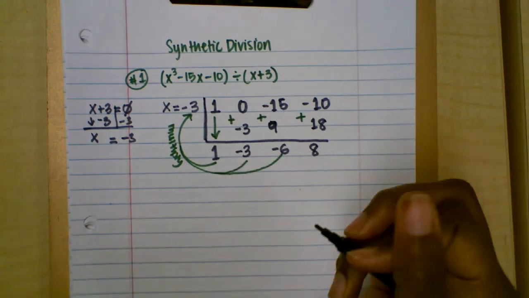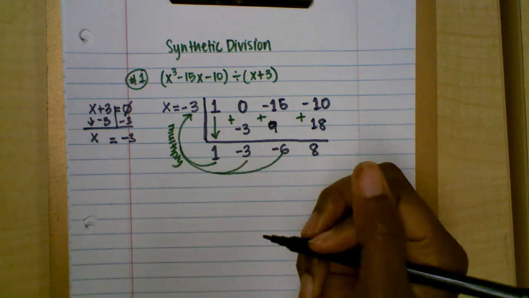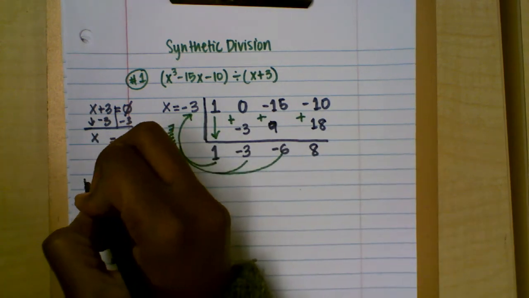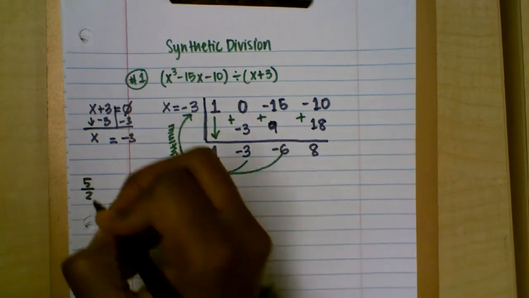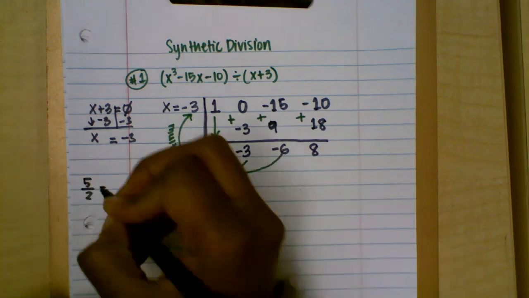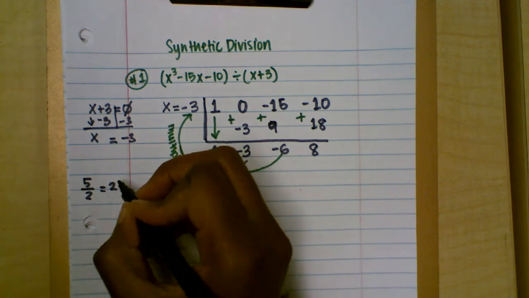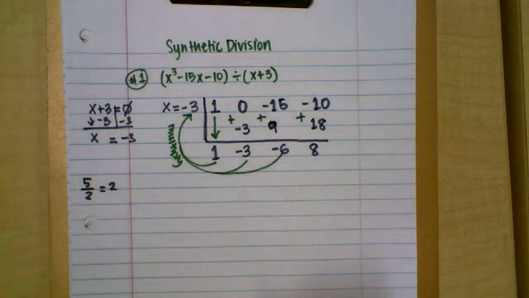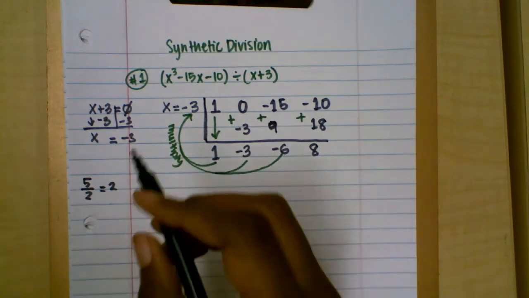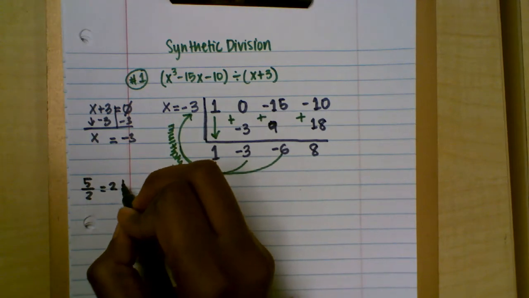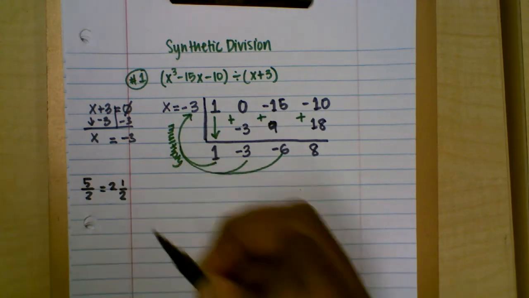Remember, when you do long division and you divide a number, let's say 5 divided by 2, you get 2.5, or if you want, you can use a mixed number: 2 and 1 over 2.